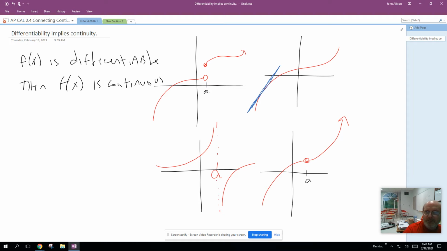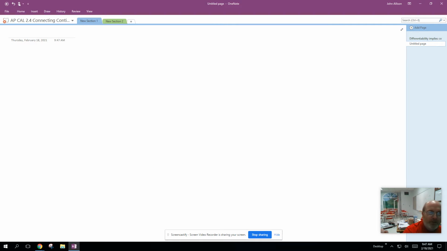But continuity does not imply differentiability. Let's talk about why that is.